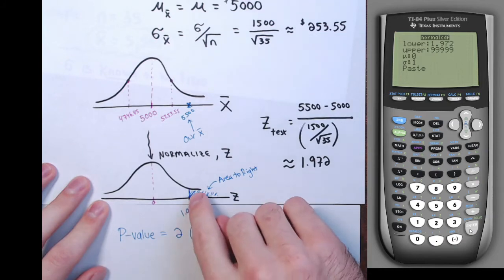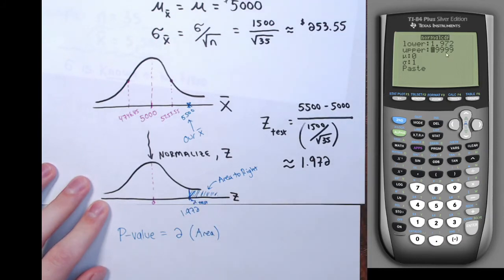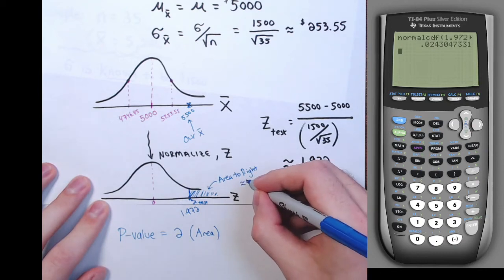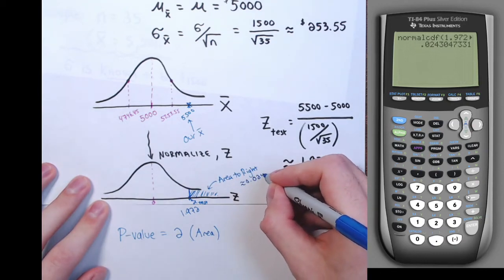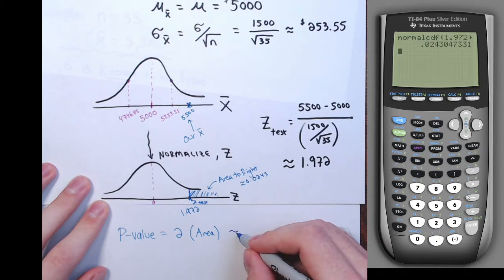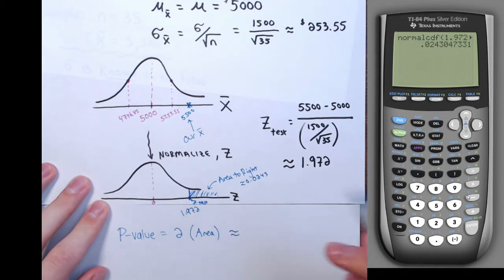There is no upper value, so I just keep that large 99999 value there. And we're on the standard normal distribution, mean 0, standard deviation 1. And this area is approximately 0.0243. So then the p-value for our test statistic is double this, so I go times 2. It's a two-tailed test, times 2.